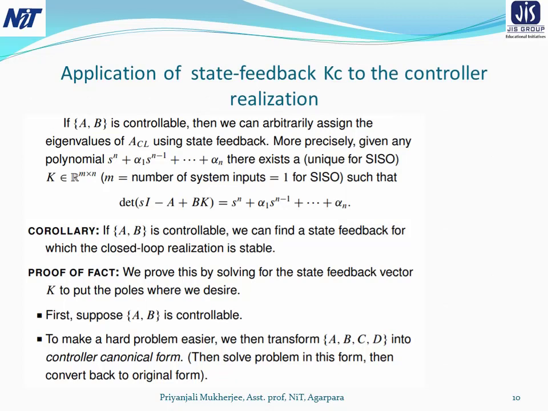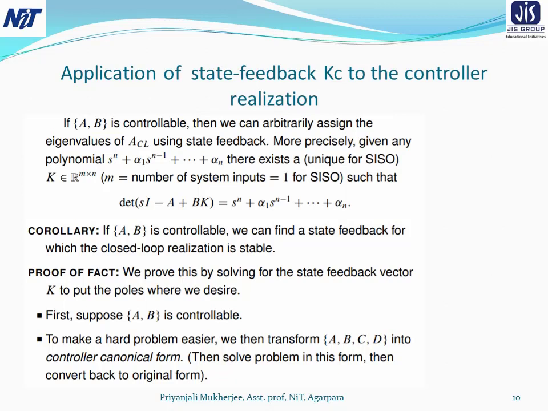Now if we consider any polynomial s to the power n plus alpha 1 s to the power n minus 1 up to alpha n, there exists a solution. If it is SISO, then it will be a unique solution, and if it is MIMO, then there will be a different number of solutions, so that the determinant of sI minus A plus BK becomes the characteristic equation.